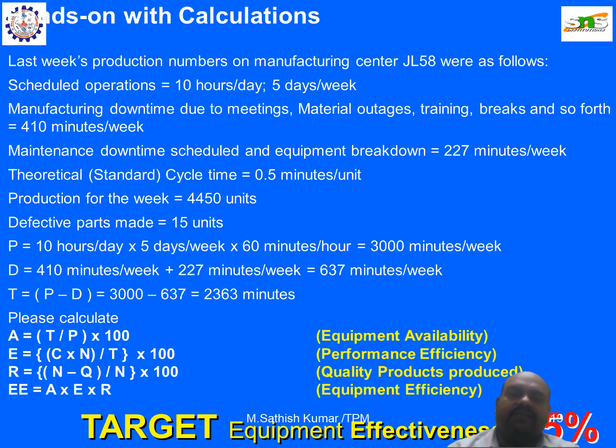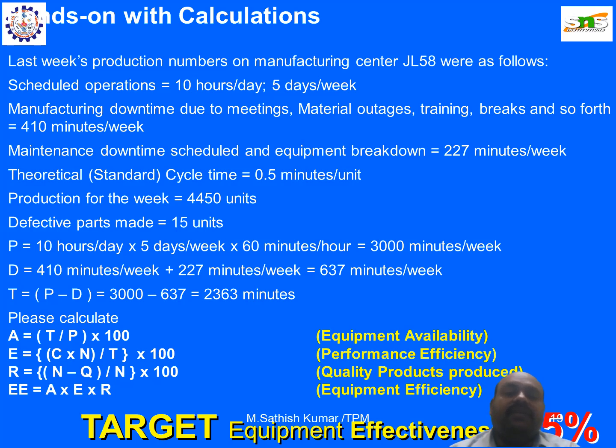Let us have a small case study of calculations with a manufacturing center JL58, where the scheduled operation is 10 hours per day, 5 days per week. Manufacturing downtime due to meetings, material outages, training breaks and so forth is 14 minutes per week.